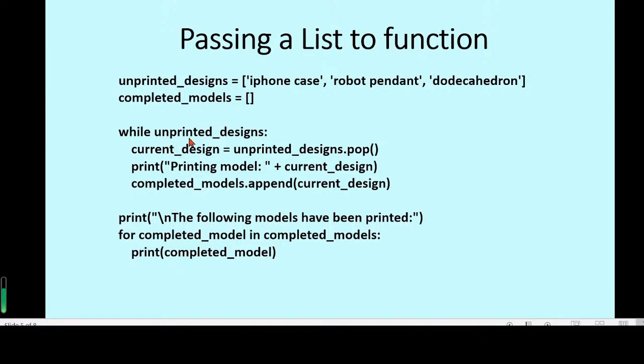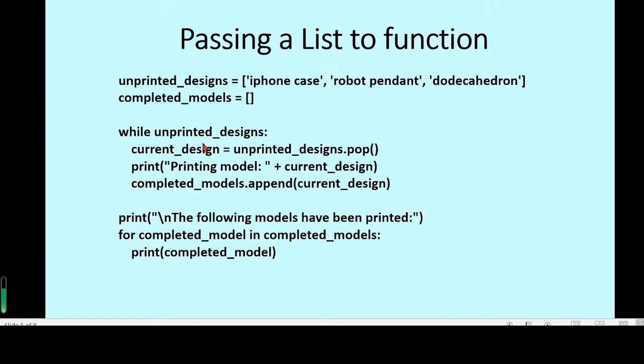While unprinted designs, if there's any element left in unprinted designs, then we pop out the last element in this list, then set it to current design. Then we print a message: printing model, printing this current design now. Then we append this current design to the completed models list we created here.